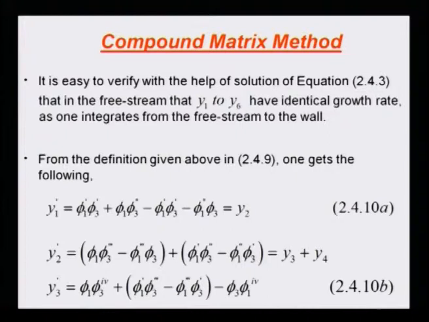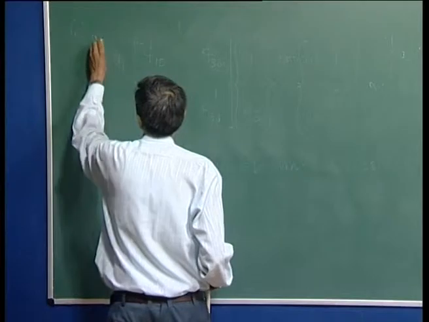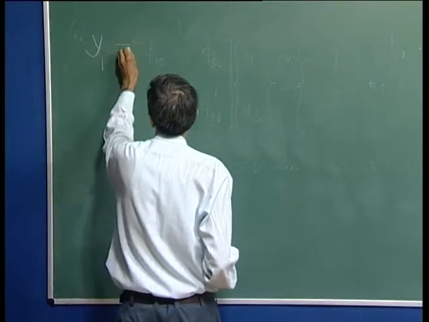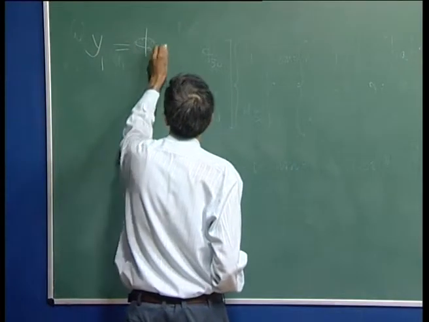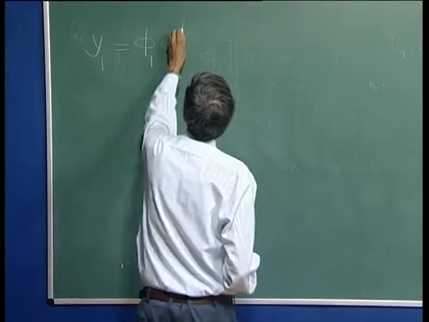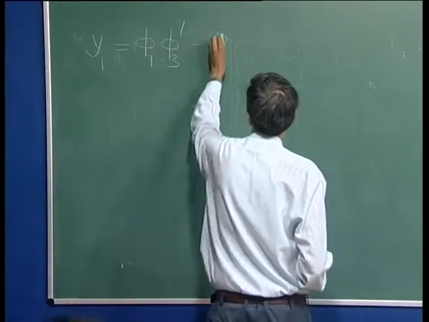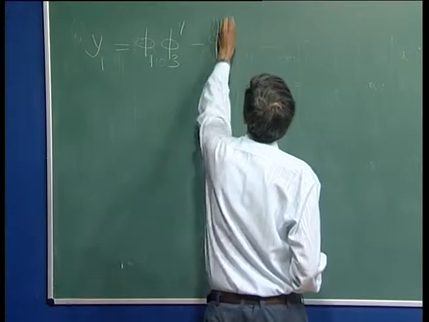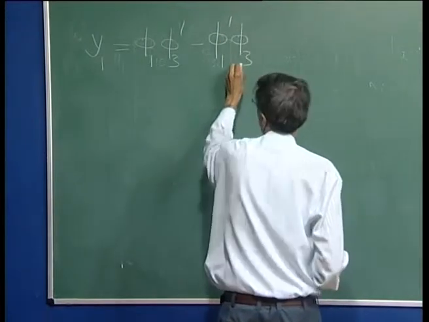So, what happens is we defined y 1 as phi 1 phi 3 prime minus phi 1 prime phi 3.